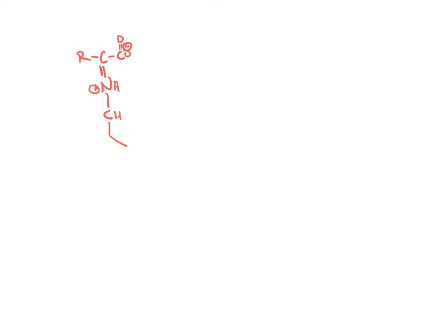Then it goes down to the benzene ring. Well, technically it's not a benzene ring, so there's nitrogen at the end. Phosphate. CH3. Okay, let me make sure I didn't skip anything.